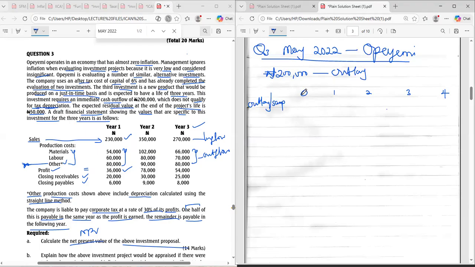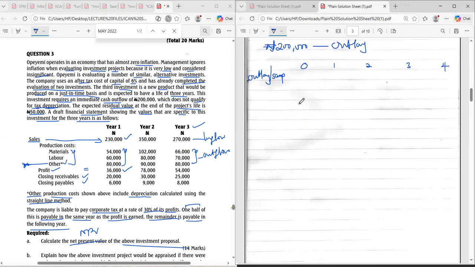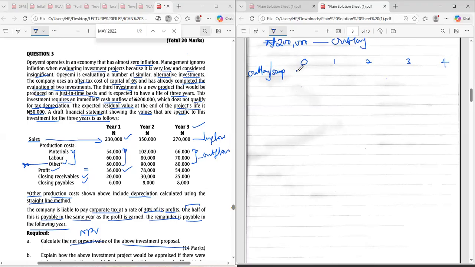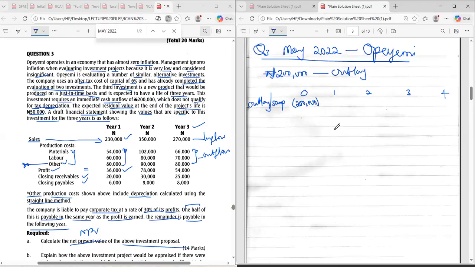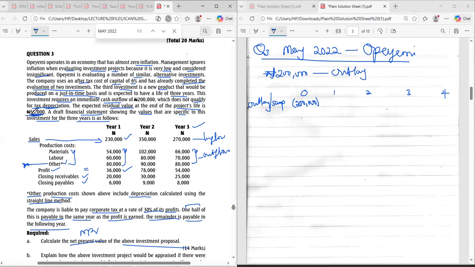What's my outlay? 200,000. Positive or negative? What about the residual value? 50,000.